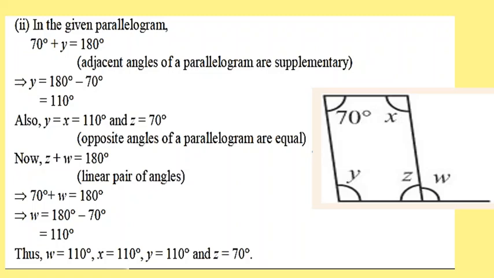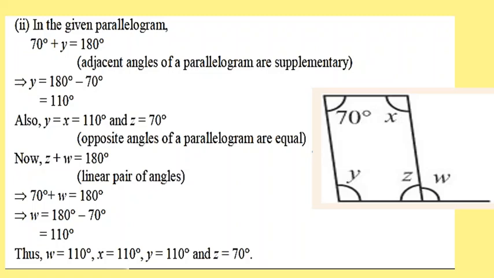The quadrilateral considered here is a parallelogram; they have mentioned parallelogram. Now, when W is outside, what about the interior angle? The angle Z you can see inside the parallelogram and W together make 180. Linear pair, no? Z and W together.